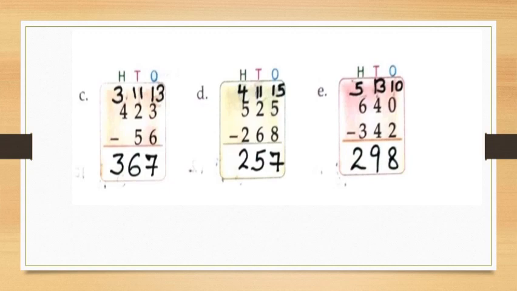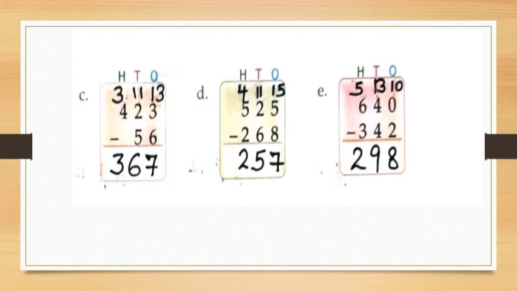Now at tens place, 1, you can't subtract 6 from 1. So you will borrow one value, that is 1 hundred, from 5 hundreds to make 4 hundreds and 11 tens. Now children, at tens place, 11 minus 6 is 5.